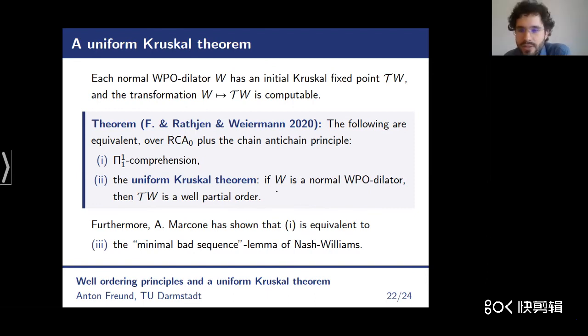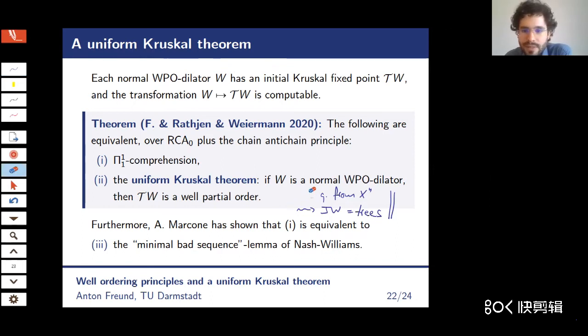Well, that's because if you take, for example, the transformation of X into sequences from X, then you get T of W is the set of trees. And so in this instance of the uniform Kruskal theorem, what you get back is precisely the usual Kruskal theorem.